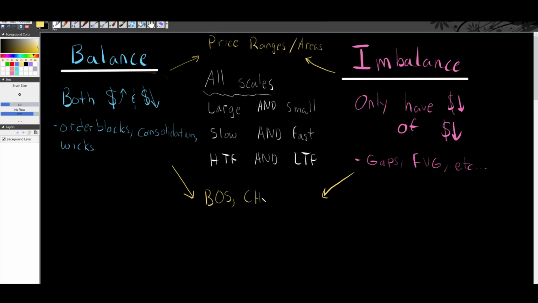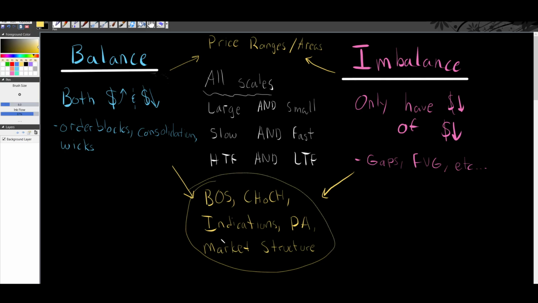That's where you get change of character. This is where you get indications. This is where you get basically price action, like you get market structure. It's the merging of these together. That's what we're actually analyzing all the time.